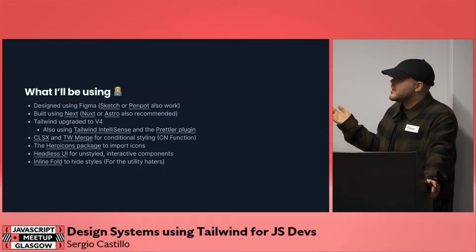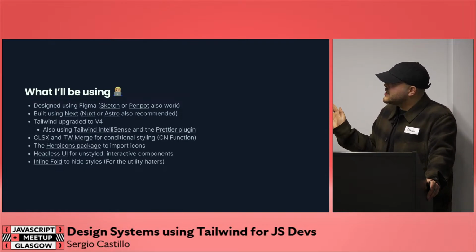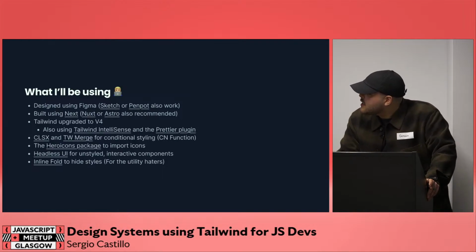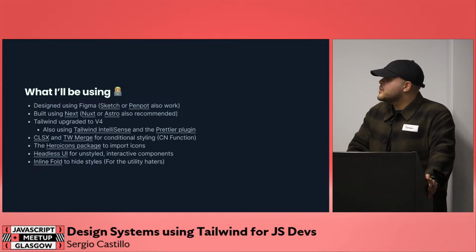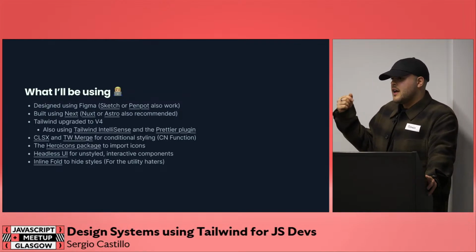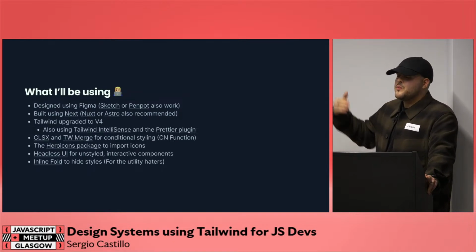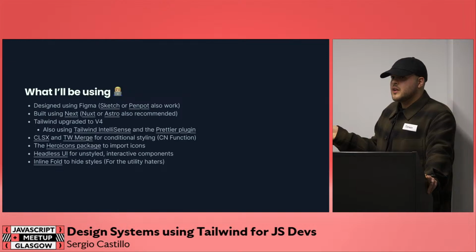Then I've used the Heroicons package for icons. I've used Headless UI for unstyled interactive components. And then Inline Fold, which is a really useful one. If you really hate looking at utilities, Inline Fold is great because it just hides them. And then if you want to look at the utilities, you just click on them. But if you're just working on functionality or you just don't want to look at utilities, you can just have that enabled.